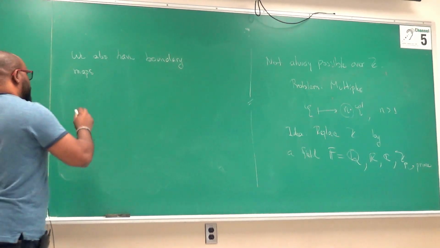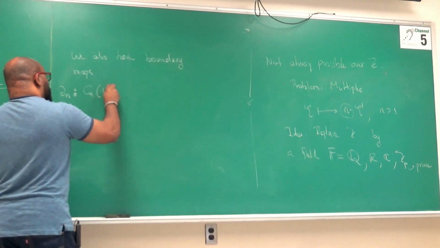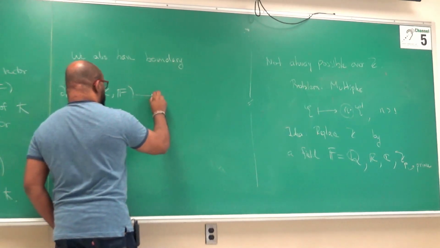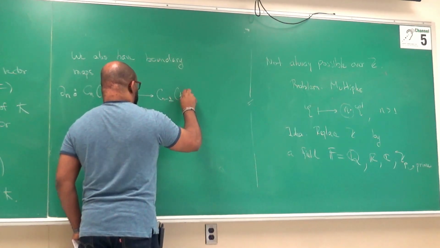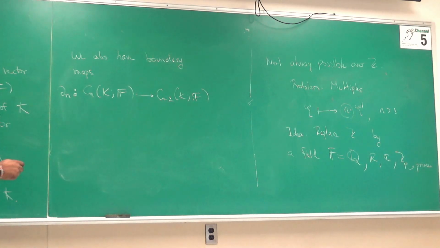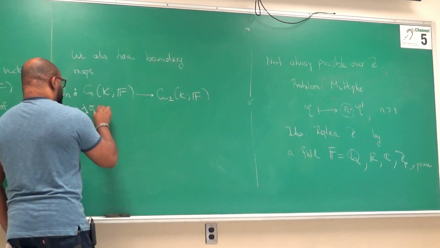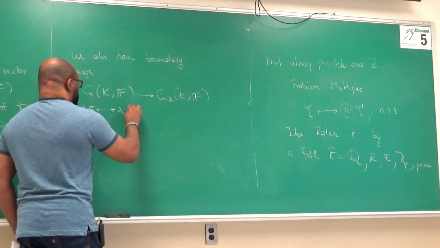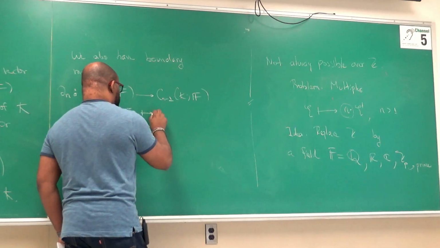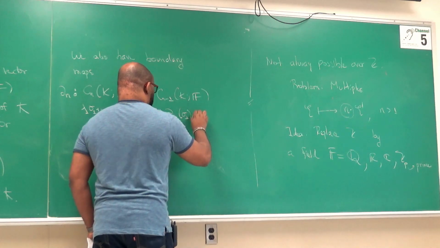And this time, just as before, they're going to go from n chains with coefficients in F to n minus 1 chains with coefficients in F. And similarly, it's taking an n chain that perhaps looks like this to the n minus 1 chain that you get by just applying the boundary map as before.